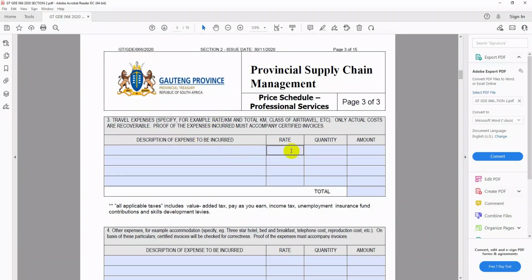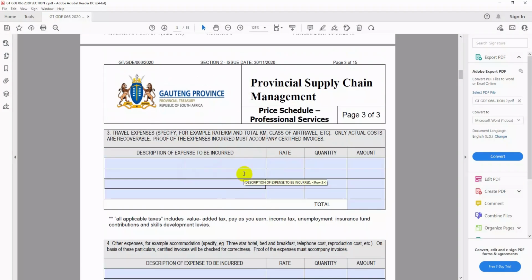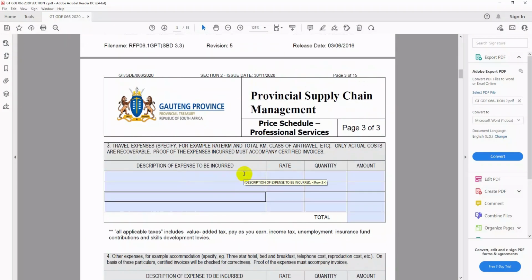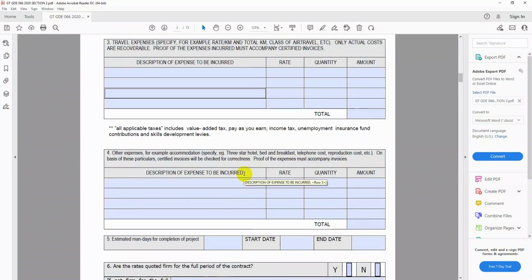This is in case, let's say, they need auditors for a specific project in their offices in Cape Town, and you will need to fly to Cape Town, or fly from Cape Town to Johannesburg for auditing or other consulting services. Then you will code it. But in this one specifically, there won't be any traveling expenses. You will just put your petrol under the main price there.